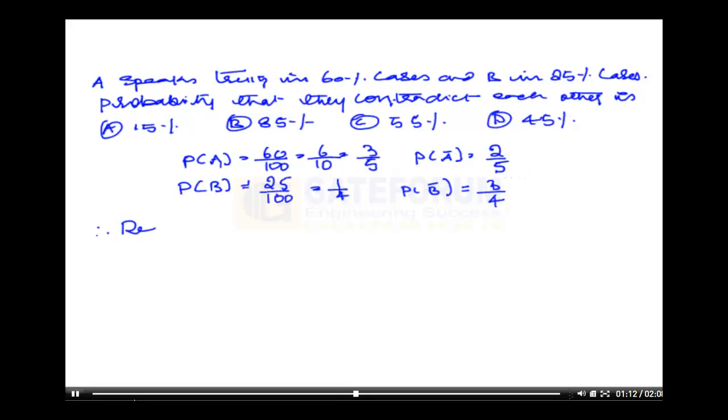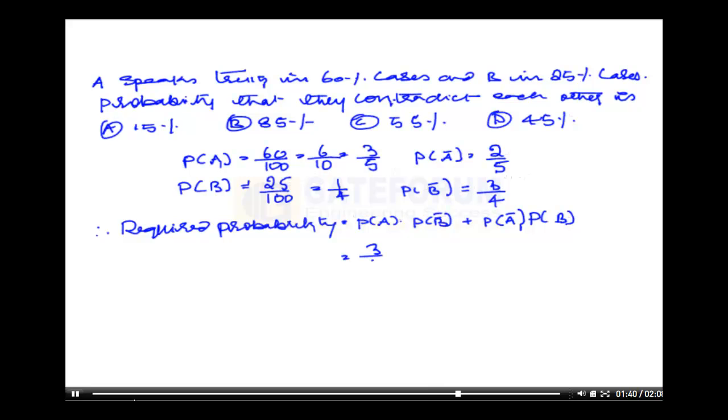Therefore, the required probability: if A speaks truth, B should not speak truth, or if A does not speak truth, then B should speak truth, equivalent to 3 by 5 into 3 by 4 plus PA dash and PB.